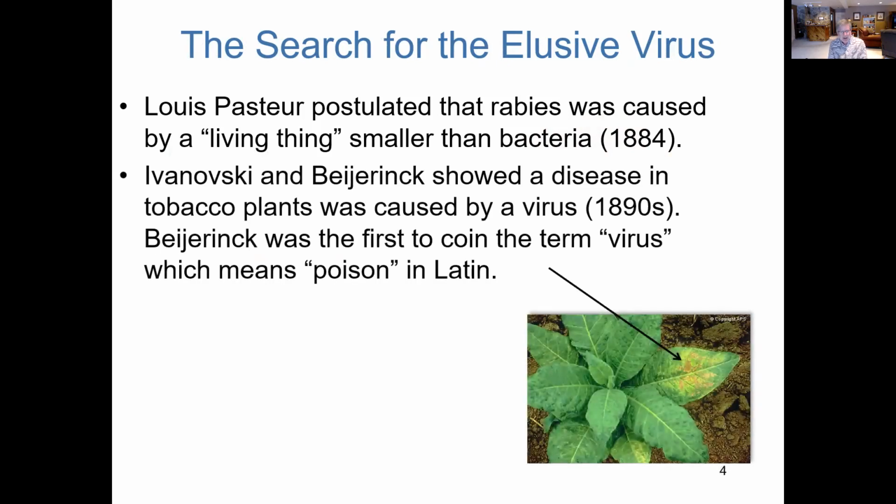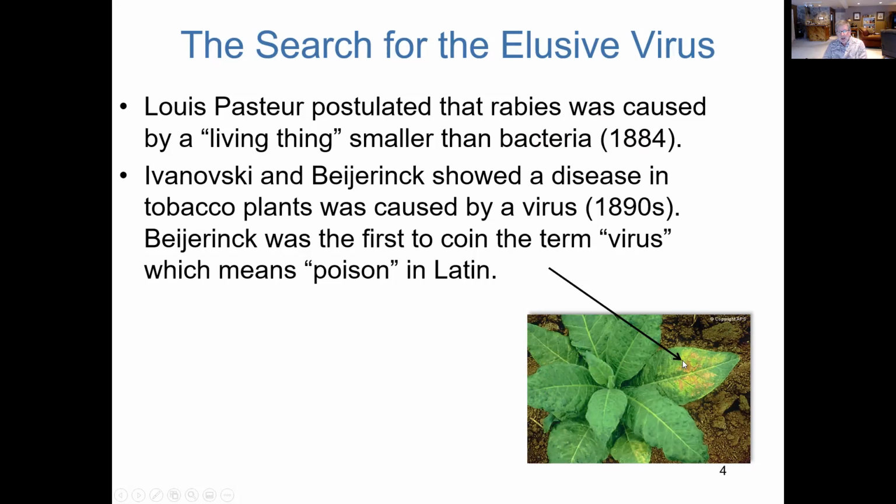About the same time, at the turn of the 20th century, two independent researchers were looking at plant diseases, and specifically they were working on what caused plant leaves to go from their normal nice bright green color to this sort of mottled yellow and orange.